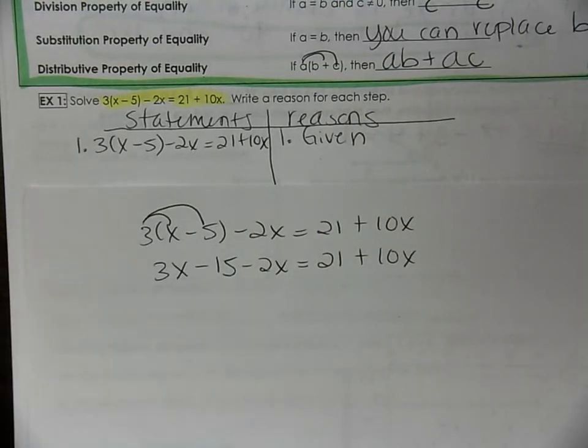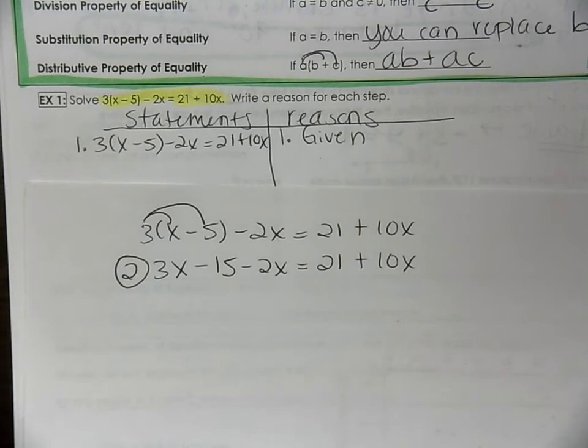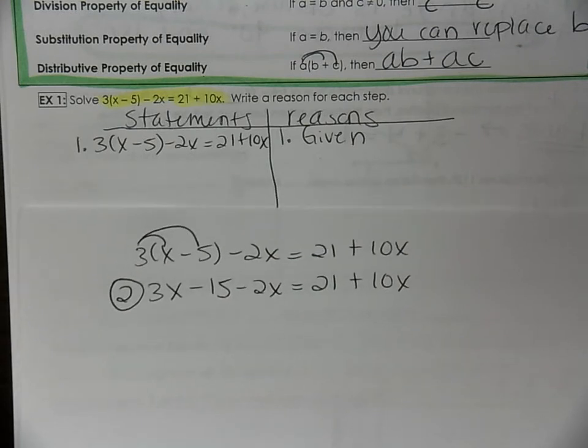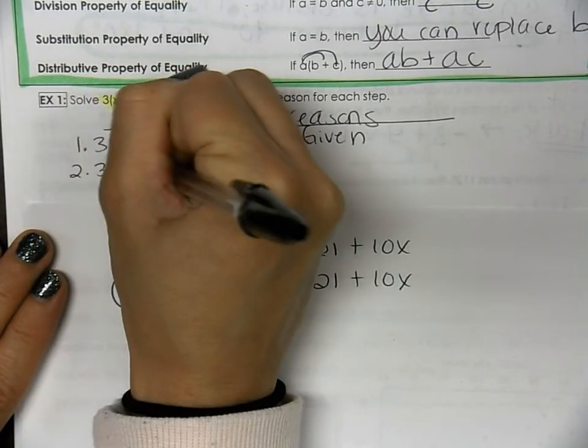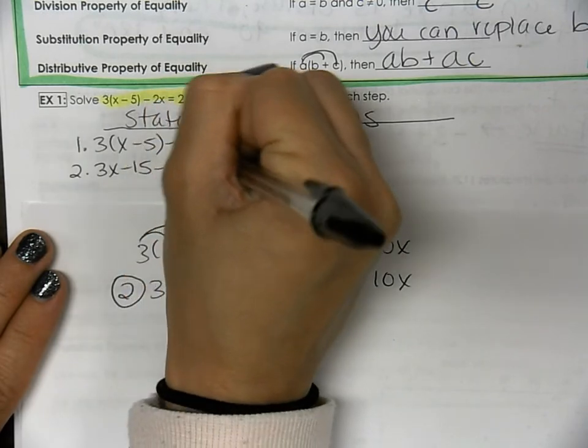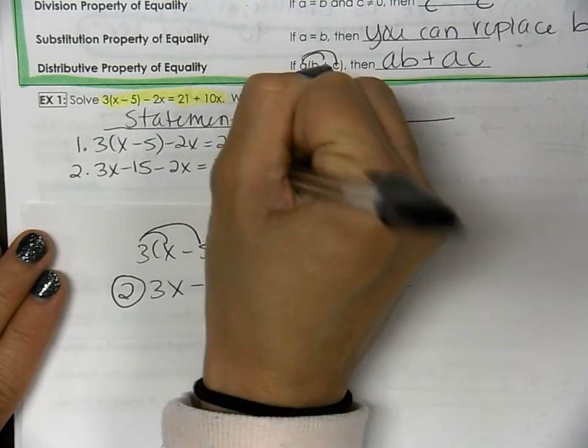After you complete something, so I just completed distributing, that is going to be your next statement. Statement number 2 is where you end. So I ended with 3x minus 15 minus 2x equals 21 plus 10x.